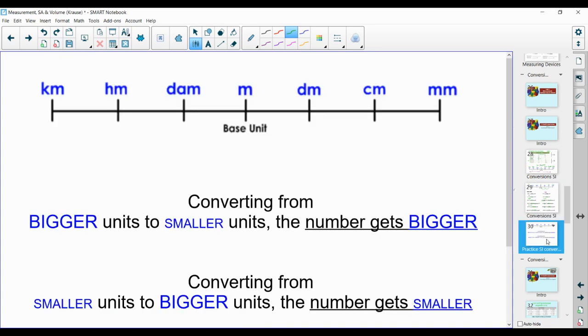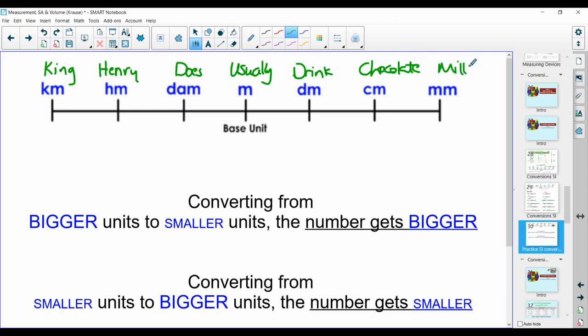All right, so when we're converting within the metric system, again, we can remember that King Henry does usually drink chocolate milk, or poor King Henry died unusually or died unexpectedly drinking chocolate milk.